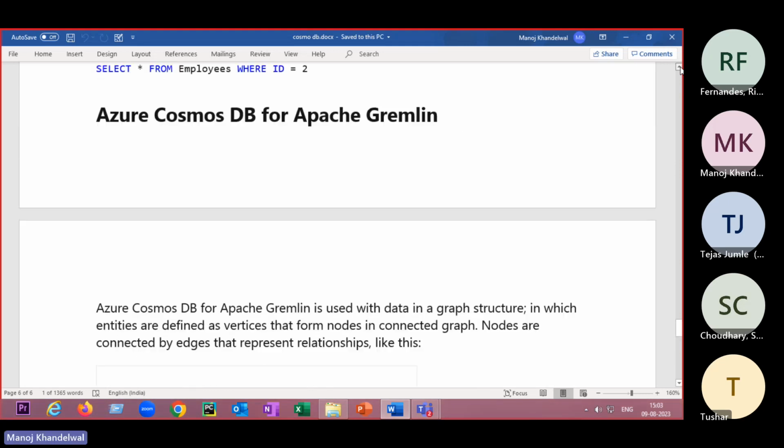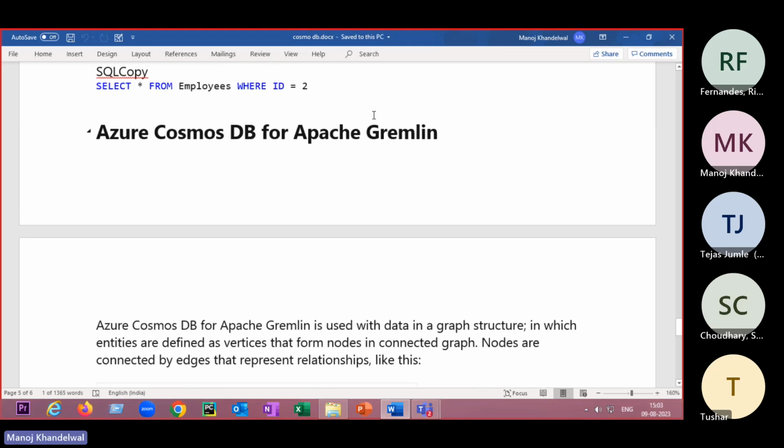So, Azure Cosmos DB for Apache Gremlin. Apache Gremlin is an engine for storing the data in the form of a graph. It uses a graph structure in which entities are defined as vertices that form nodes in the connected graph. Nodes are connected by edges that represent the relationship.